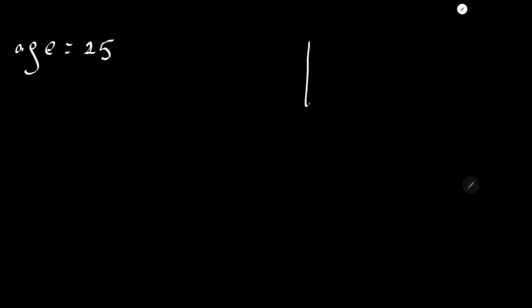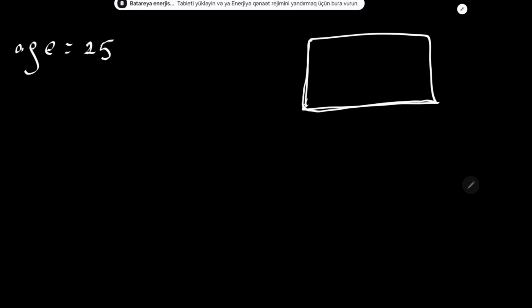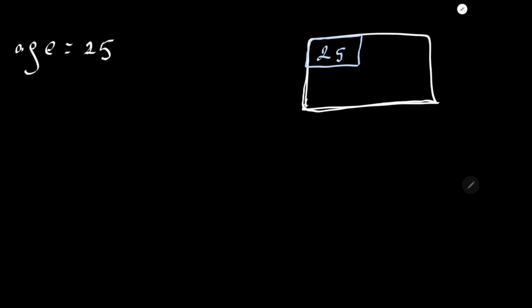When we create a variable, it uses some area in our RAM. Let's assume that this is our RAM. Then it will use some area in our RAM and give 25 as the value for this area, and then it will give a location address. It will give the name for this area as our variable name, age.